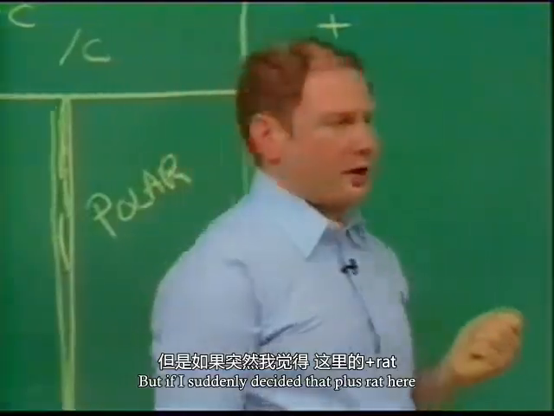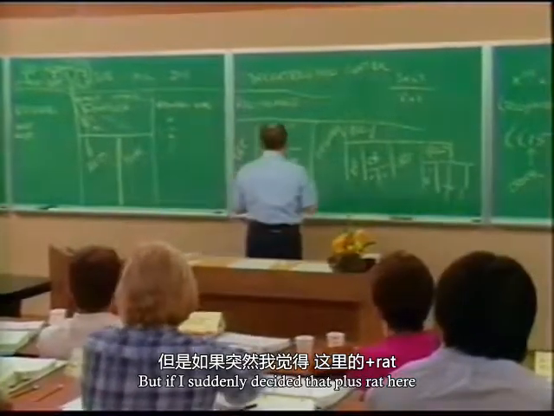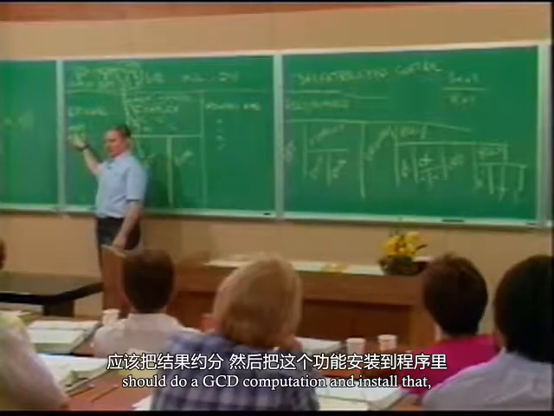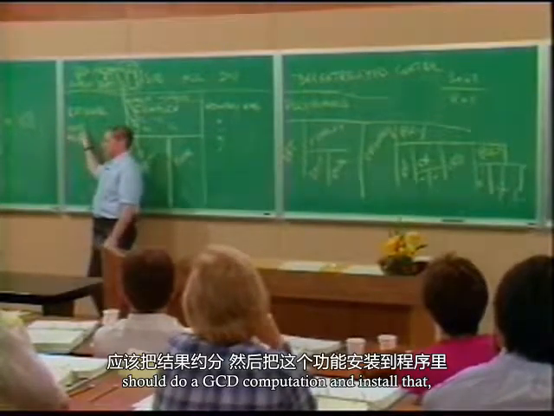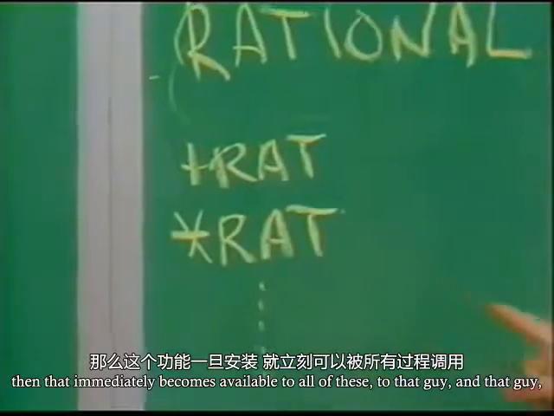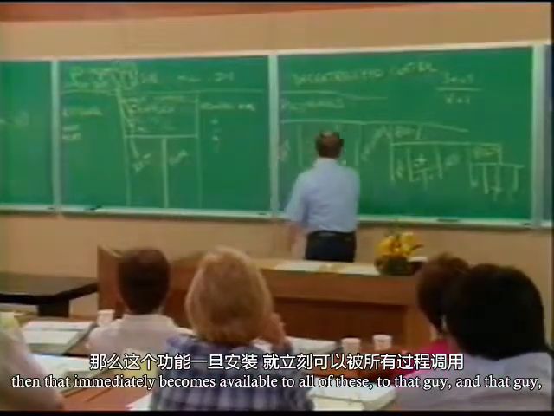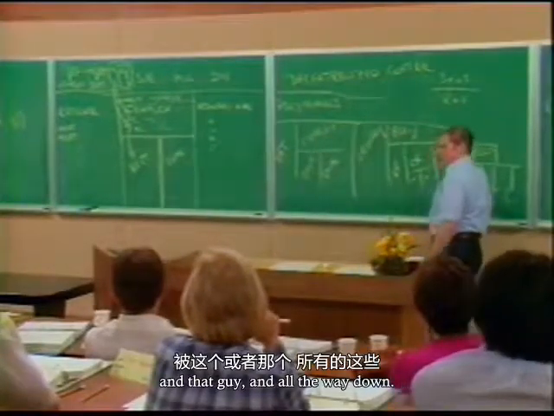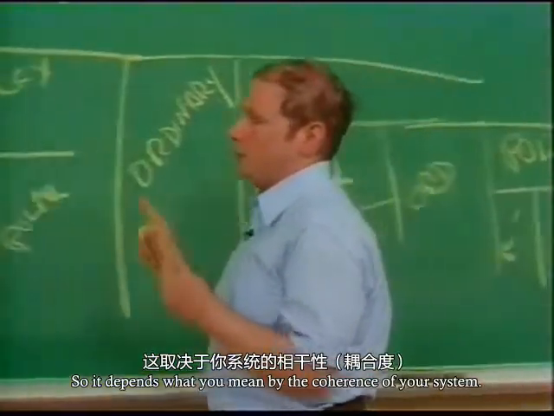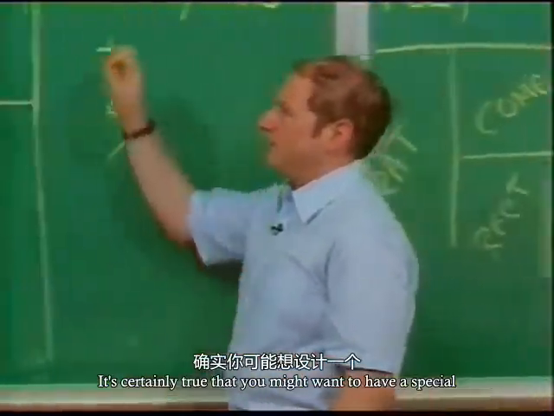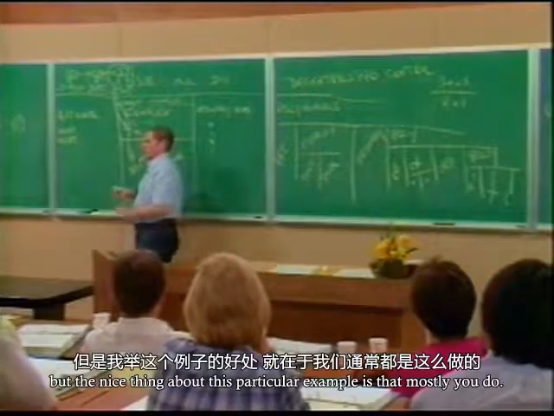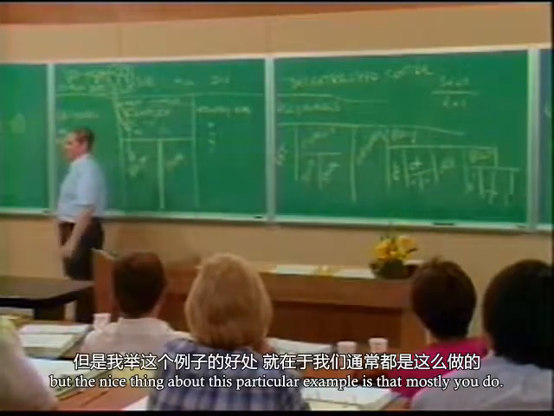But if I suddenly decided that plus rat here should do a GCD computation and install that, then that immediately becomes available to all of these, to that guy and that guy and that guy and all the way down. So it depends what you mean by the coherence of your system. It's certainly true that you might want to have a special different one that didn't filter down through the coefficients, but the nice thing about this particular example is that mostly you do.